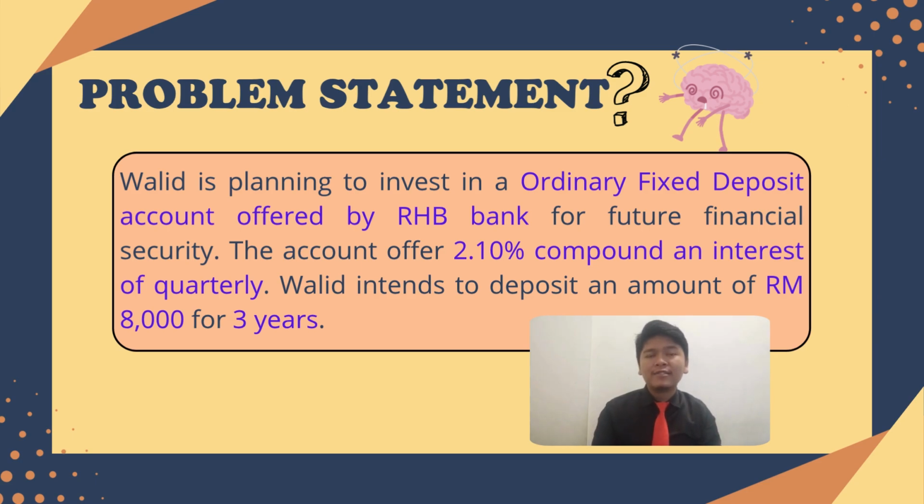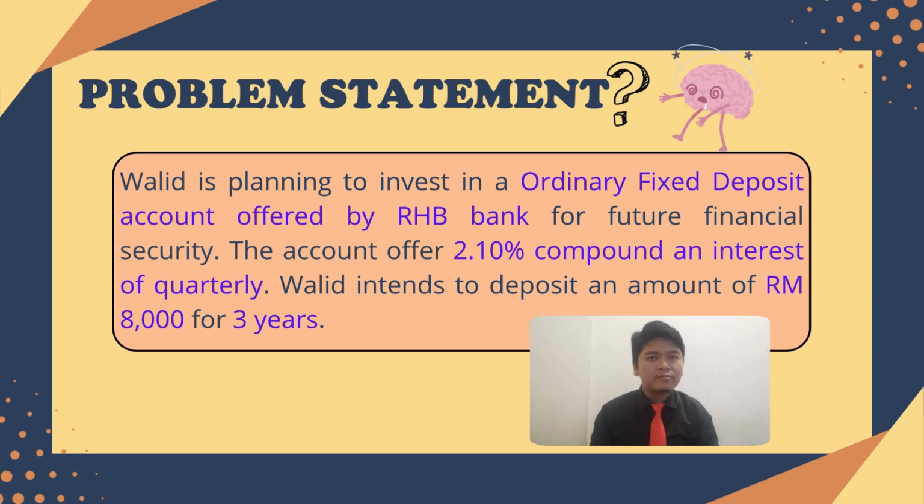To easily understand the compound interest, let me start with the problem statement. In our problem statement, Walid is planning to invest in an ordinary fixed deposit account offered by RHB Bank for future financial security.